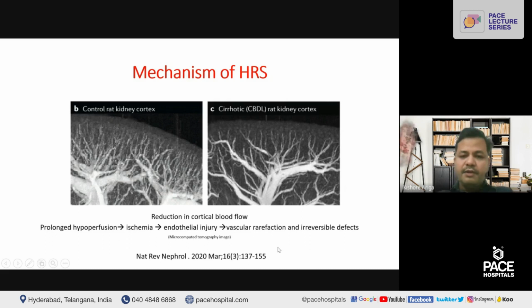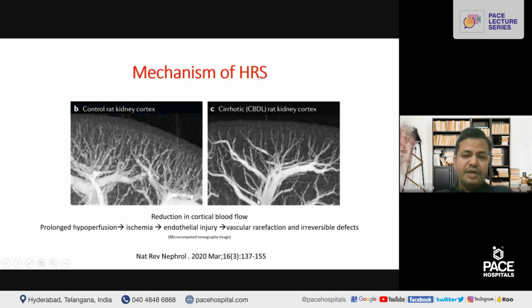And one more important point in relation to HRS is whenever there is decreased intravascular volume due to any other cause in the body, normally cortical blood flow is maintained, but medullary blood flow is decreased. But in patients with HRS, it is opposite. The cortical blood flow decreases, but medullary blood flow is maintained.